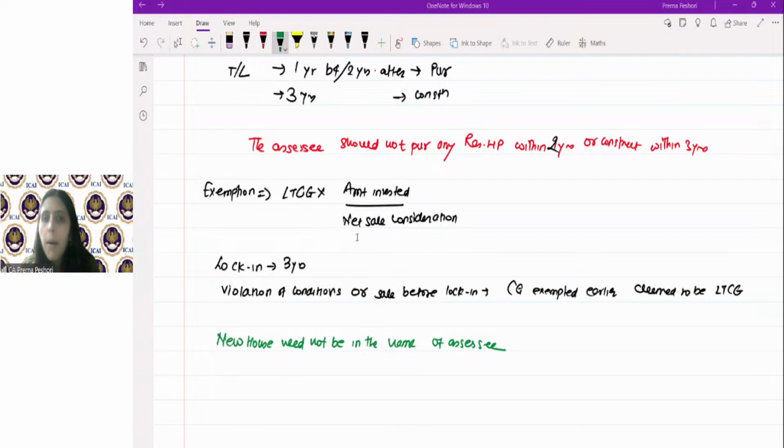Now, if the amount is reinvested in a residential house, what is the formula? The formula is capital gain into the cost of the new asset divided by the net sale consideration. So for the net sale consideration, are we supposed to take the actual consideration or the stamp duty value?